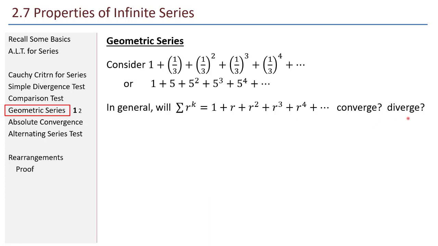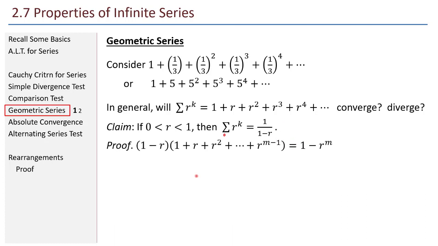Will it diverge? And here's our answer. If r is strictly between 0 and 1, then the summation of the powers of r, indexed starting at 0, turns out to be 1 over 1 minus r. That series converges, and it converges to that number right there.